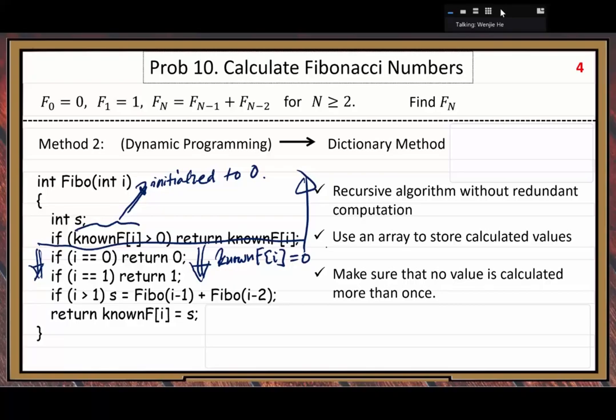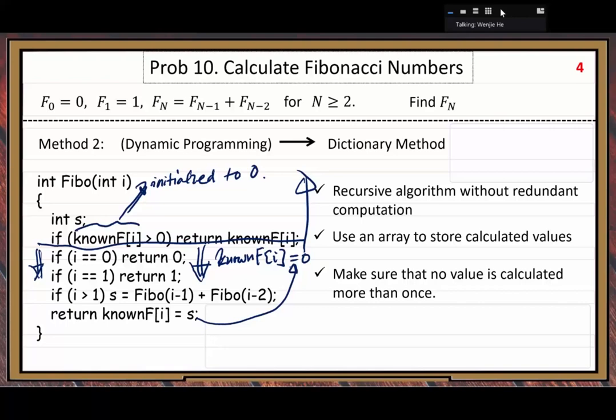So that's why in the last line before return, you assign s to change the 0 value to be s. To update your dictionary for future usage. So this value will be used in the future.